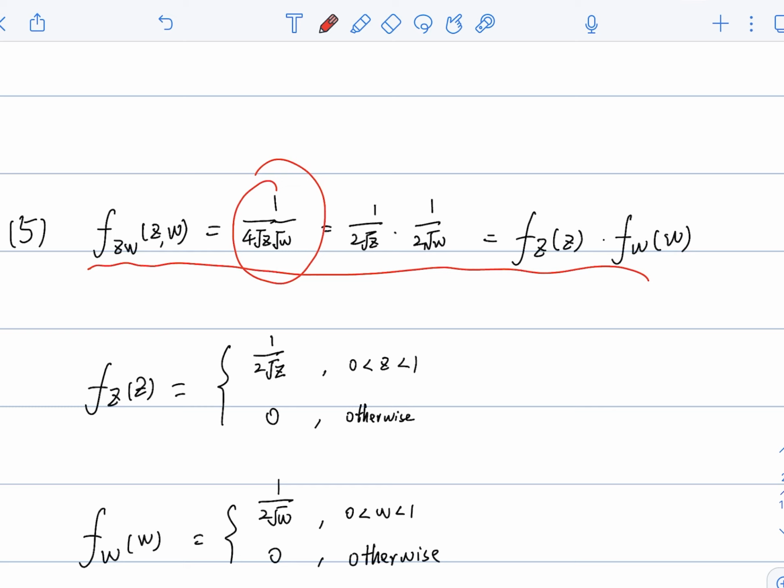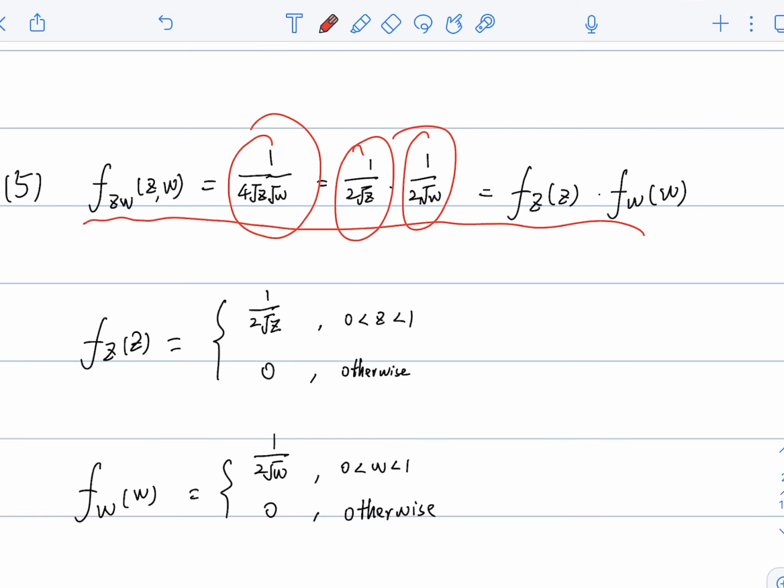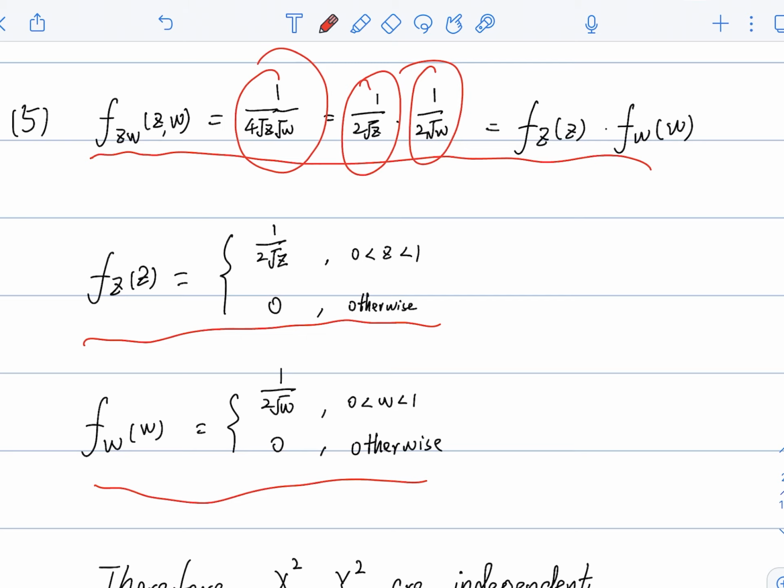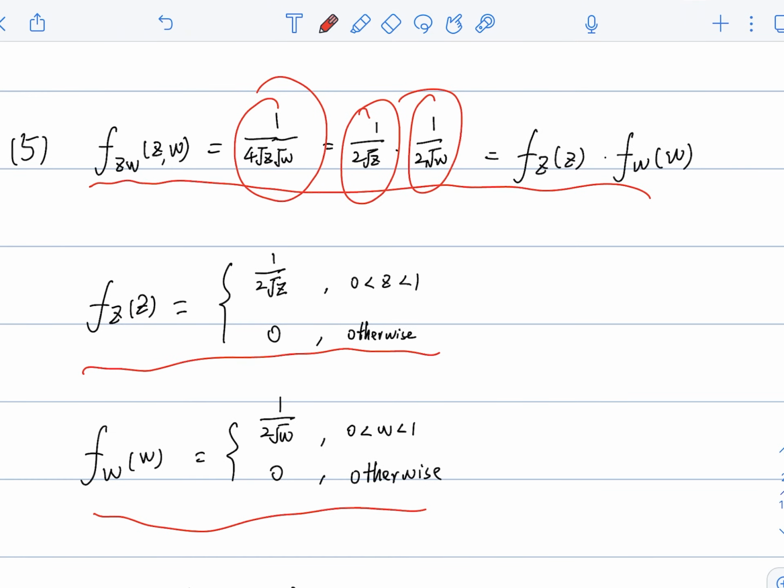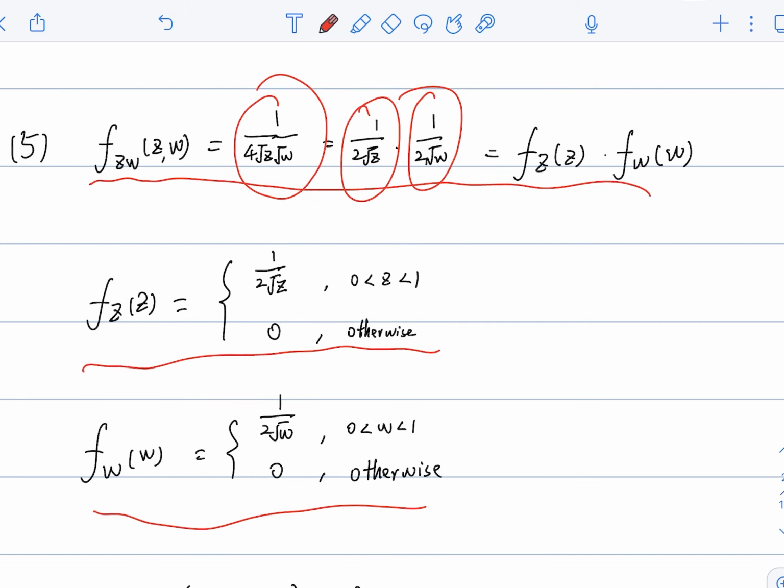We can separate them into two, and it is easy to see that the density function f(z) is equal to 1 divided by 2 square root of z, and the density function f(w) is 1 divided by 2 square root of w.